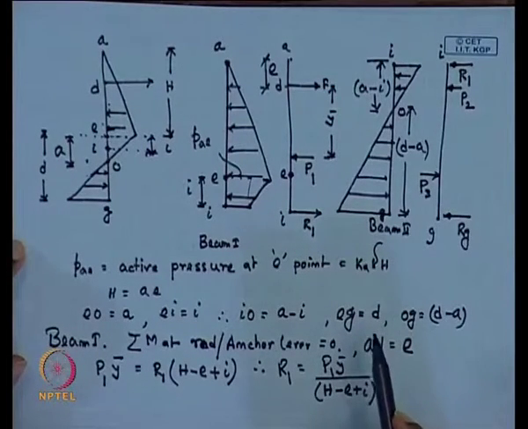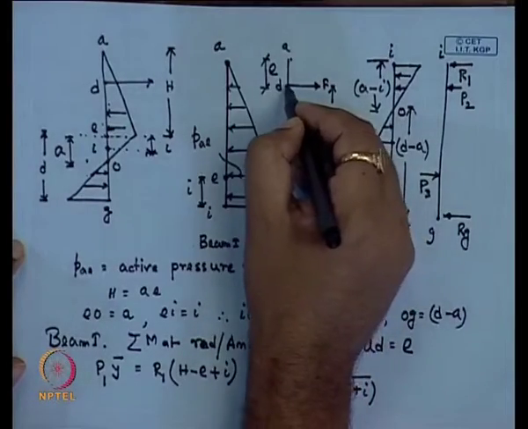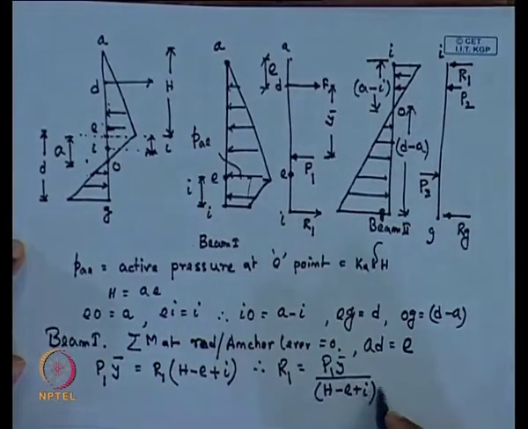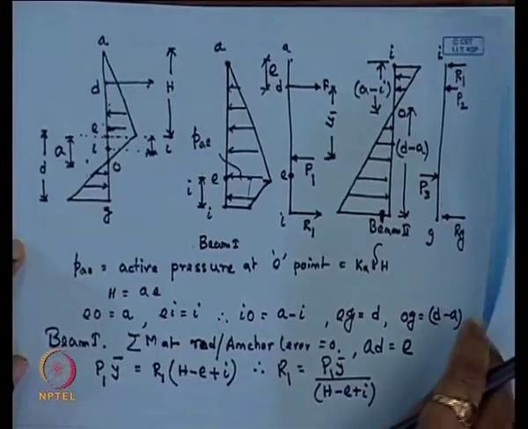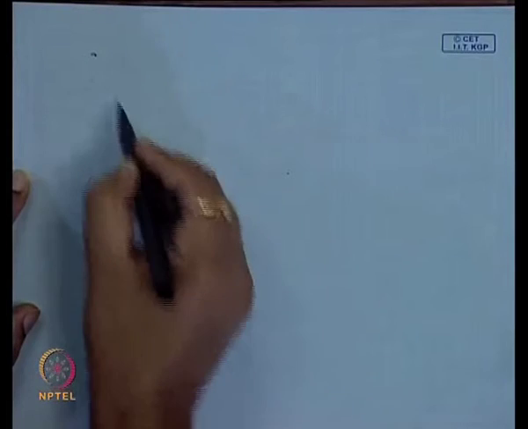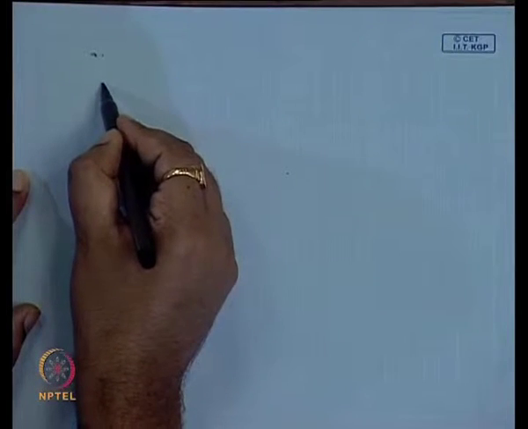Now, here P 1 is known, y bar is known, h is known, E is known, because we know the position of the anchor, but I is unknown. So, how to calculate I? To calculate I, we have to take the help of a graph, which we can draw here.